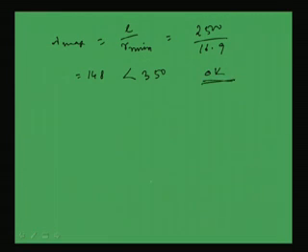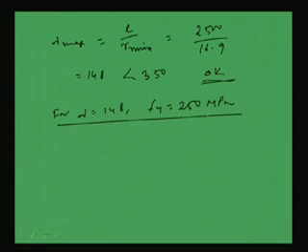Now, we have to find out the strength. So, for lambda equal to 148 and assuming Fy equal to 250 MPa, we can find out the sigma AC value from table 5.1.